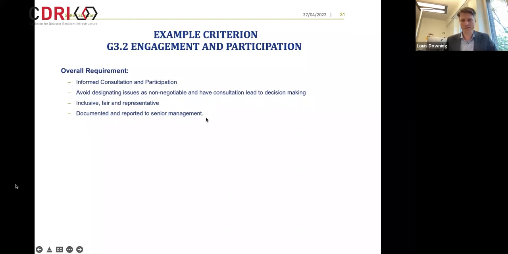So a lot of this is coming from the IFC performance standards, but then also looking at realistically, where do projects fall down historically in terms of engagement and participation, and how can we learn from that and ensure that it doesn't happen.